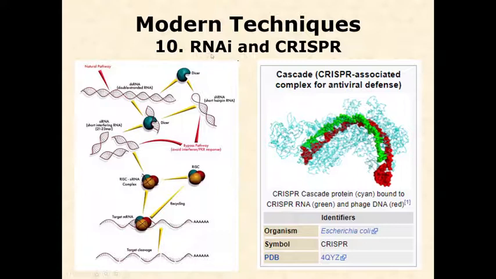RNAi is short for RNA interference. Through a series of methods, using proteins that have been isolated from an array of organisms, we can essentially turn off gene expression. Now, to be very technical, we're actually not turning off the expression. The gene is still being expressed, but as soon as it is made, it becomes degraded.